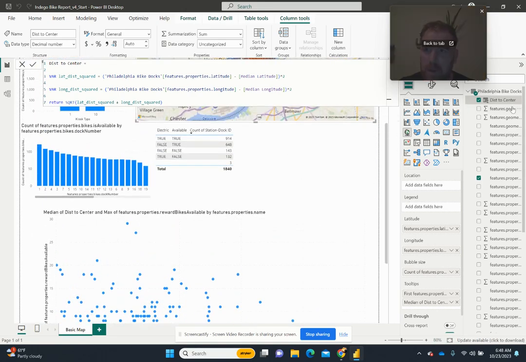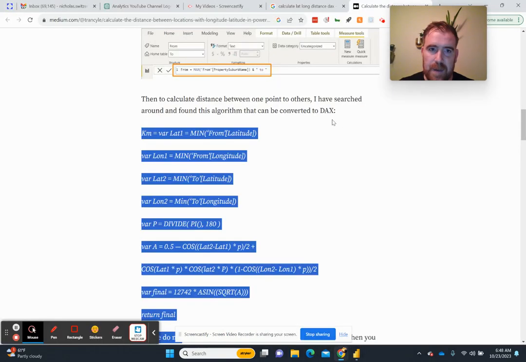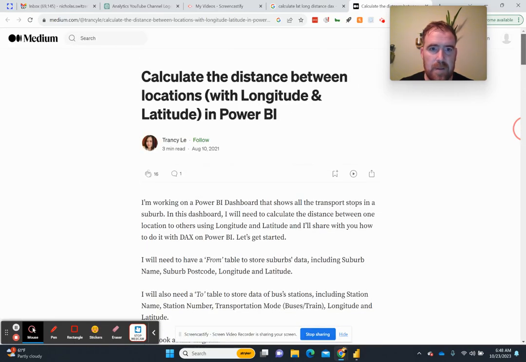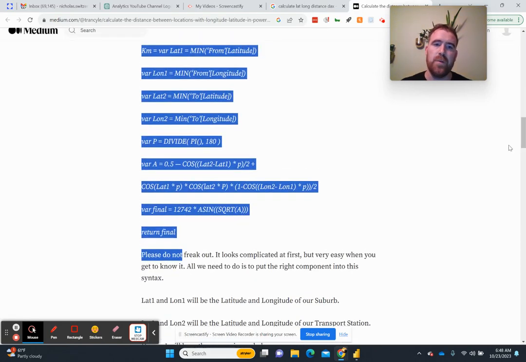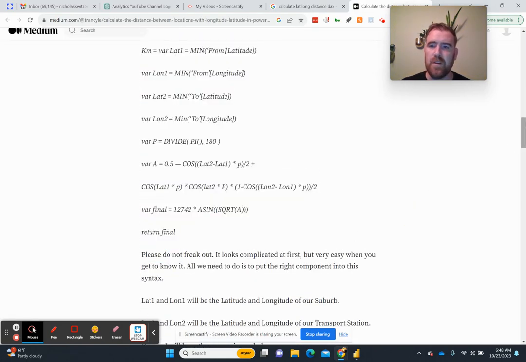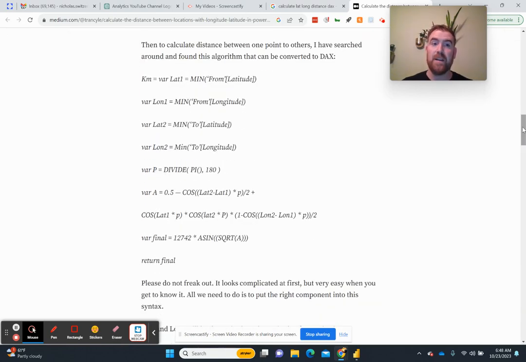But all right, we are going to calculate a different distance, and in this one, I got to give a shout out to Trancy Lee, who wrote this article a couple of years ago. There's lots of different folks who have put out definitions or calculations of how to account for the world's curvature in doing your distance calculation in Power BI.